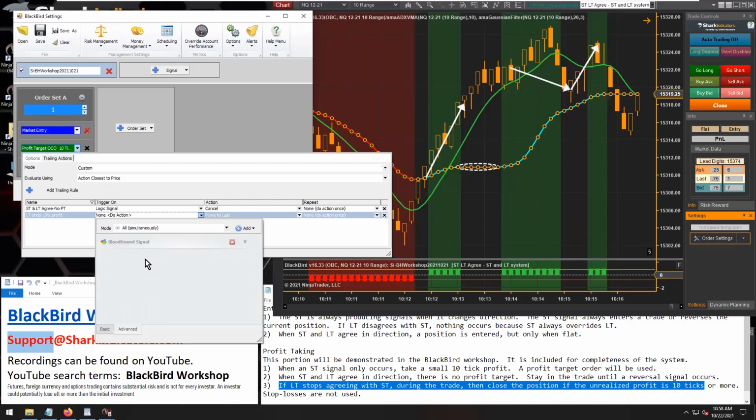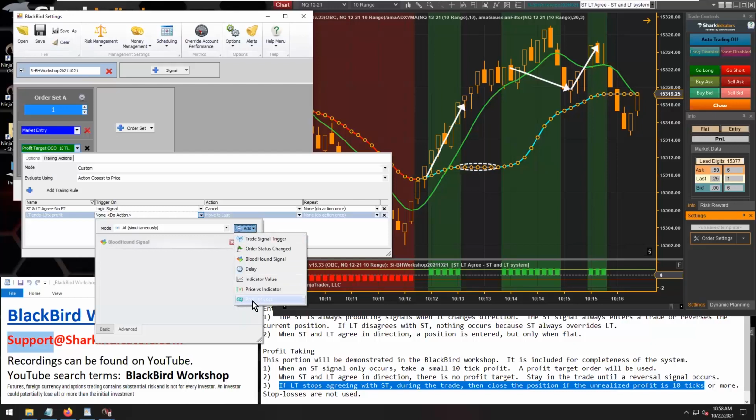And now the second thing we need to look for is the 10 ticks of unrealized profit. Is there an unrealized profit of 10 ticks? So we're going to add the profit or loss.